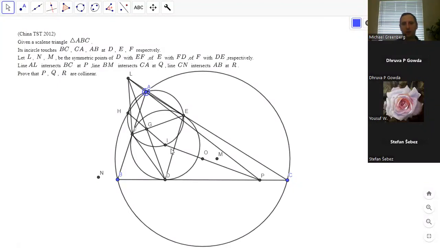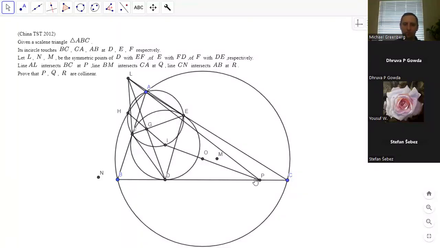I guess another way to think about it is we could let IO meet BC at P prime, and then show LA and P prime are collinear. I was just thinking about working backwards. So let IO meet BC at P prime, and then try to show LA and P prime are collinear.